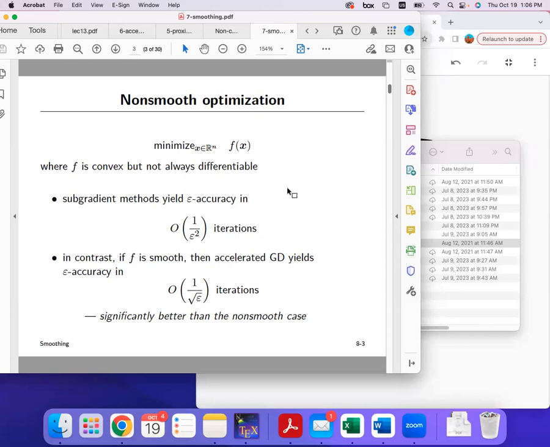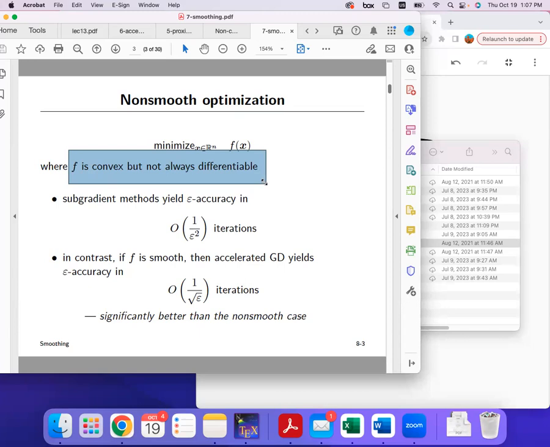So in the previous lectures, when we talked about non-smooth optimization, we mentioned a subgradient method. Let's look at minimizing f(x), where f is a convex function, but not necessarily differentiable. It could be Lipschitz, but not necessarily differentiable and smooth.